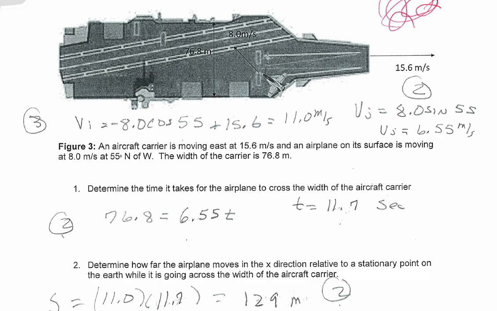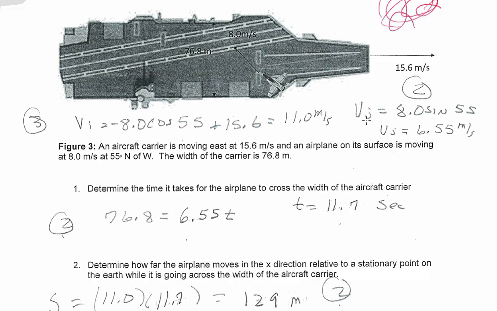So I break this vector into x and y's, or i's and j's. So vi is going to be negative 8 cosine 55. I'm going to add that to the 15.6 going this way, because I've got an x direction velocity this way because of this airplane. But the ship is moving that way. So then my vi is going to be 11.0 meters per second.